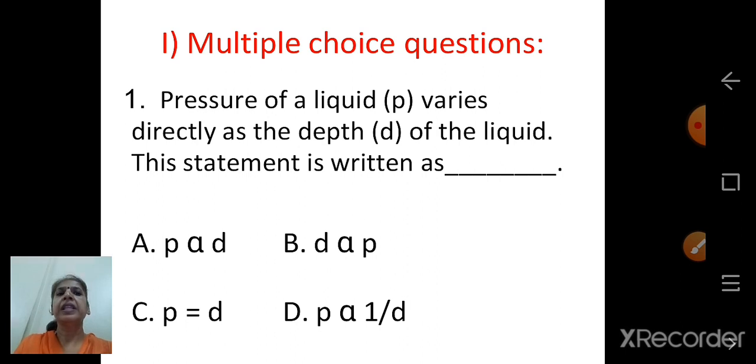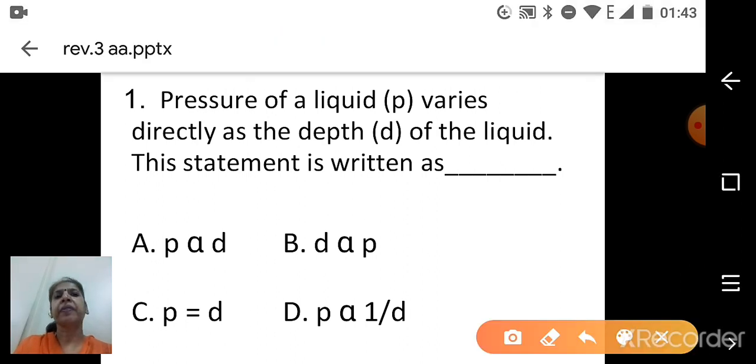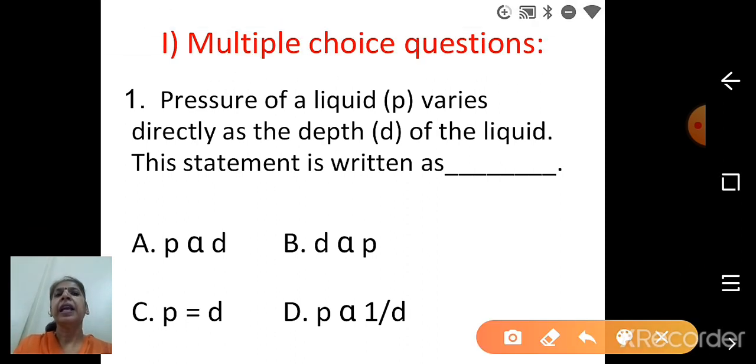P. And it is given that it varies directly. So this is direct variation, depth D. Which is the correct option? The answer is A, because the pressure letter is P, it varies directly, the sign of variation, and the first letter given is pressure P.